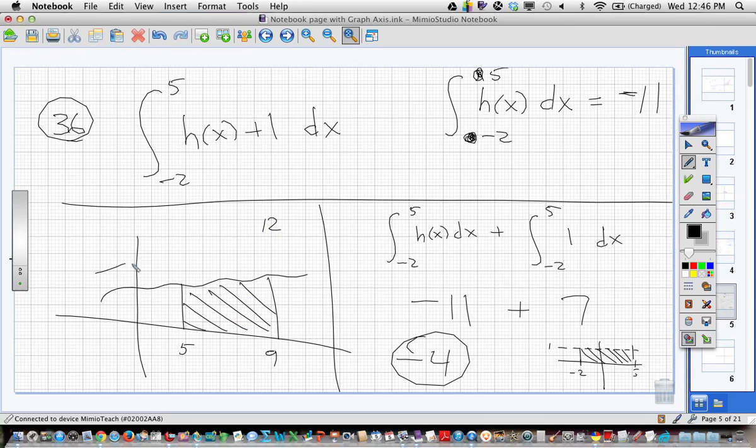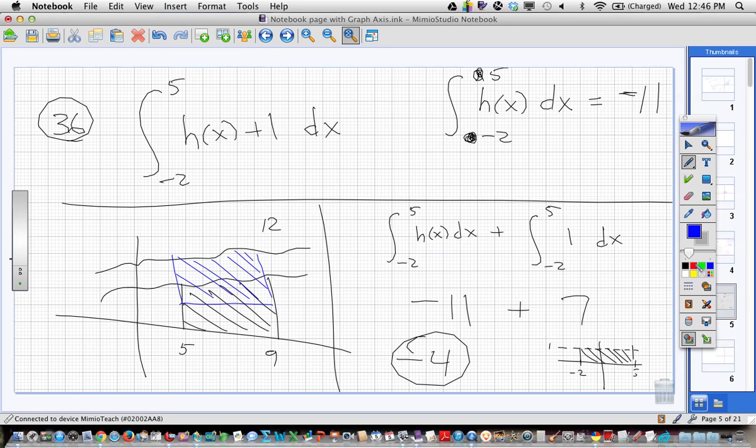Now, if I shift that graph up 3, okay, what have I added? Well, by shifting it up 3, wouldn't it be true that this blue area would be the same as that original black area? So that blue area there is 12.